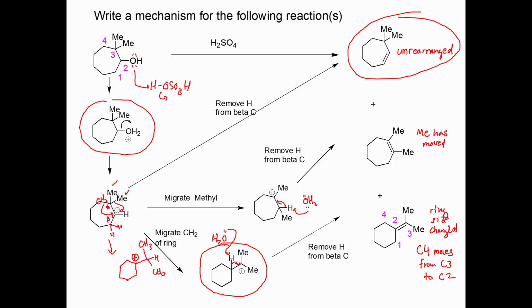Okay? And this is wrong. You see, the problem here is that the carbocation has not changed position. Okay, you've migrated the alkyl group, but you've not migrated the carbocation. Yes, you can draw the final product emerging from this carbocation, but this is not the right intermediate.